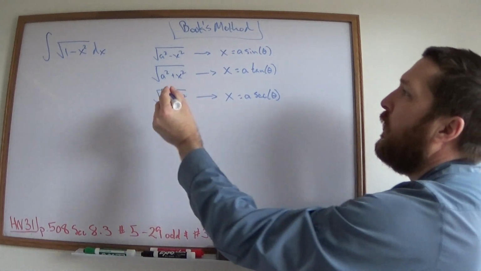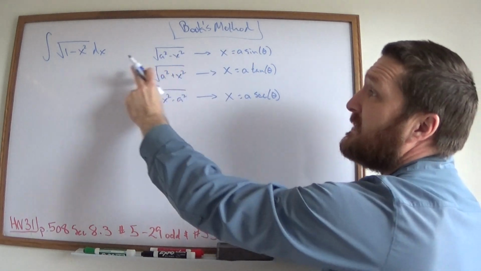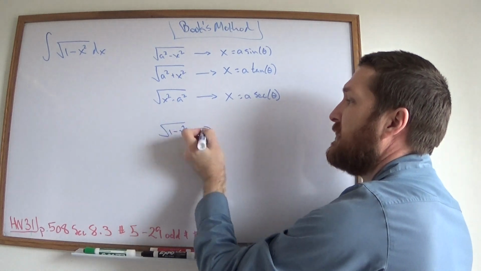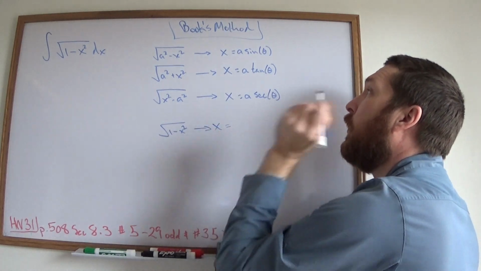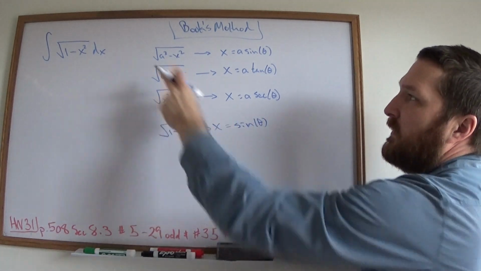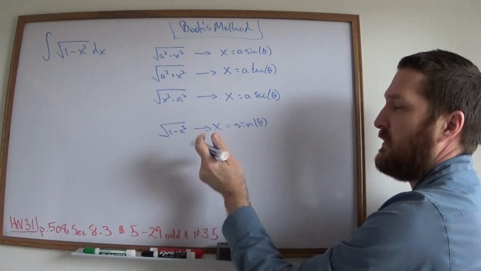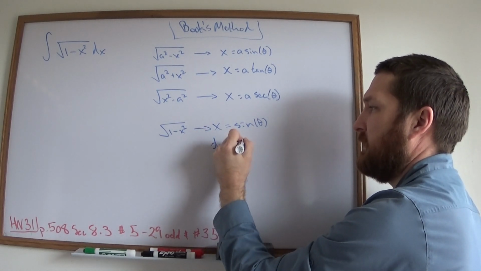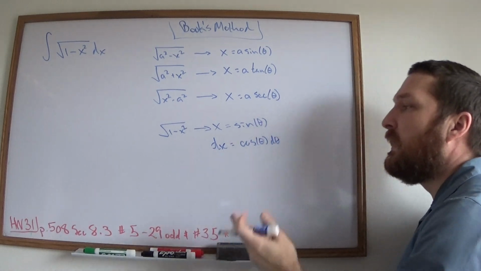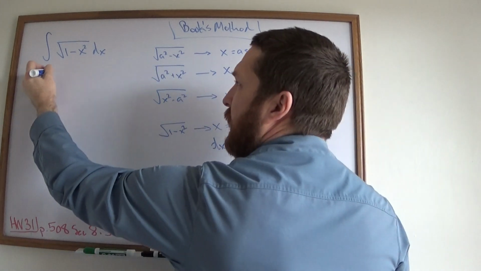So in this case, 1 minus x squared says to do x equals 1 times sine theta. Knowing that I'm about to substitute, I need a dx, so I take the differential of both sides. I get cosine theta d theta. Cool. And now I just substitute it in directly.